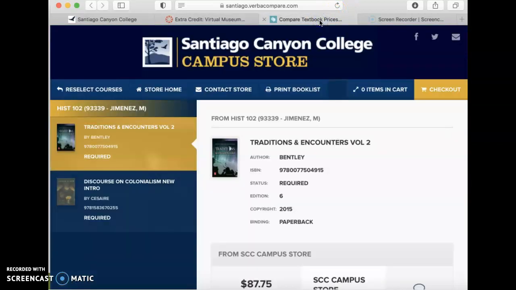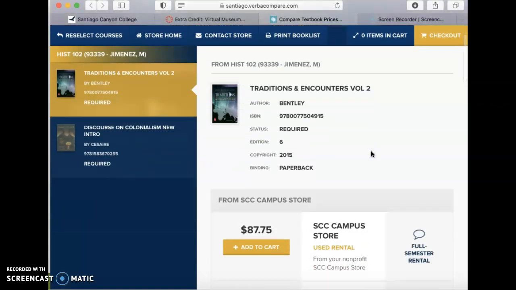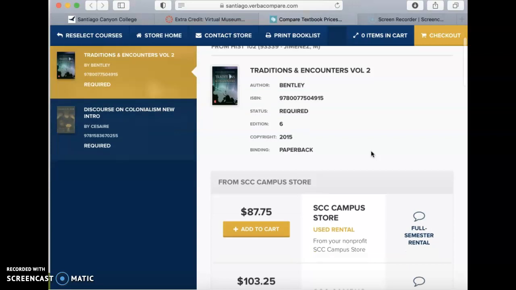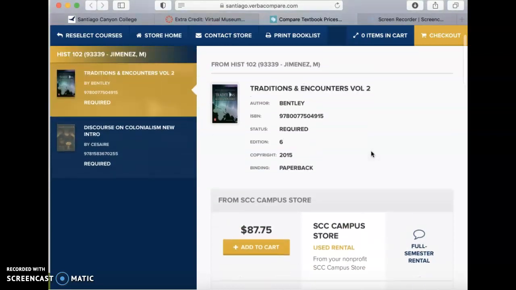The textbooks are here. I've been using this one since I started teaching, frankly. Tradition and Encounters, Volume 2. You want to make sure you get Volume 2. So here in the bookstore, this is the correct edition. I would not pay this kind of money for the book.